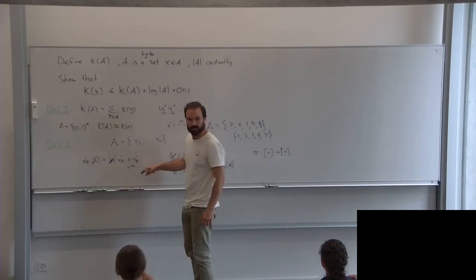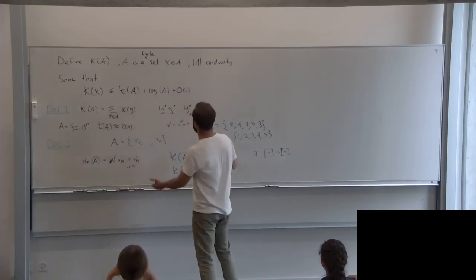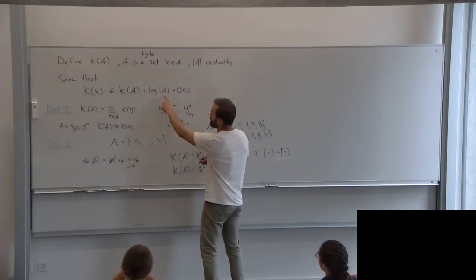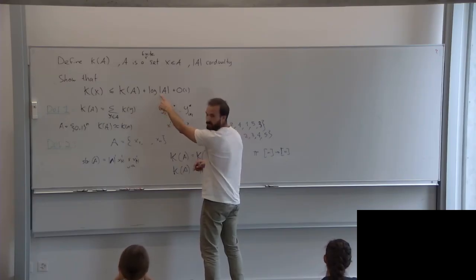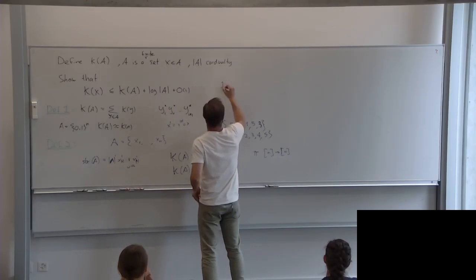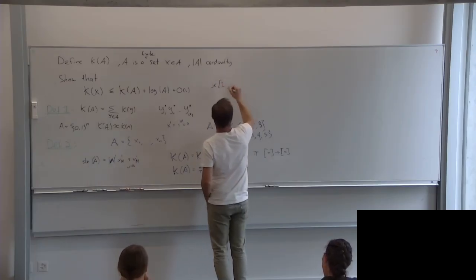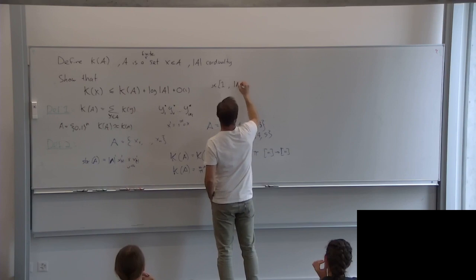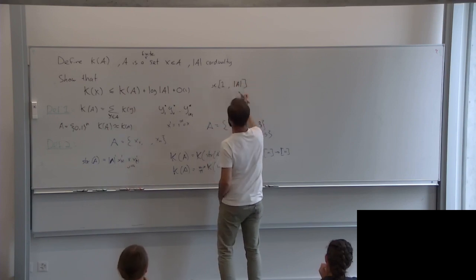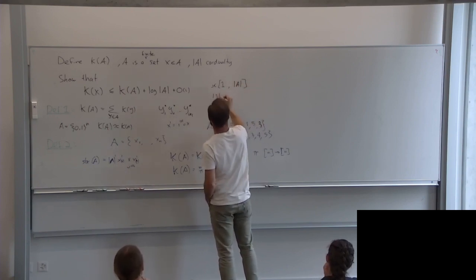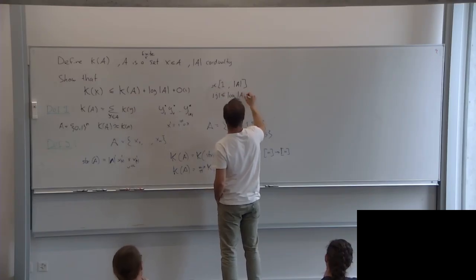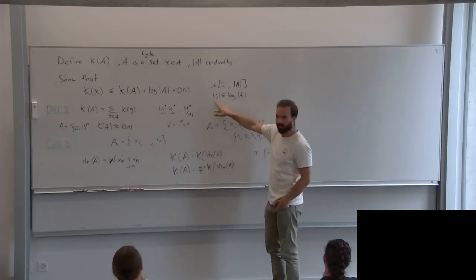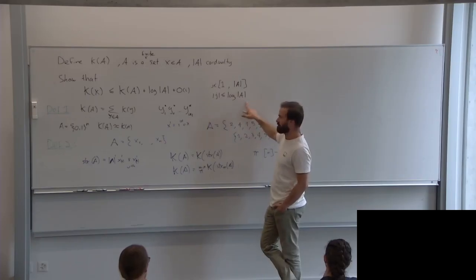Log cardinality of A, right? J is an element of 1 to cardinality of A, so the length of J is smaller or equal to log cardinality of A. It needs only log cardinality of A bits to be described.